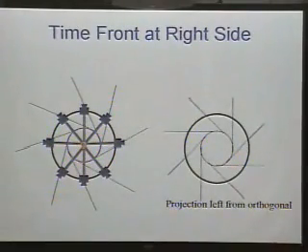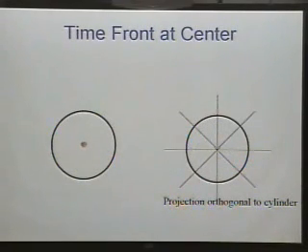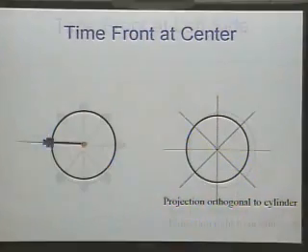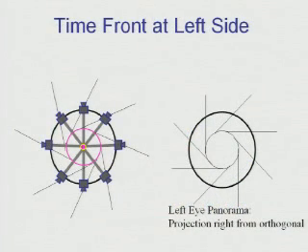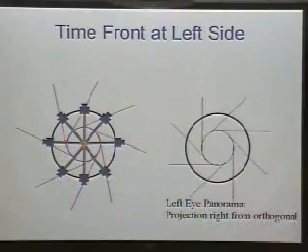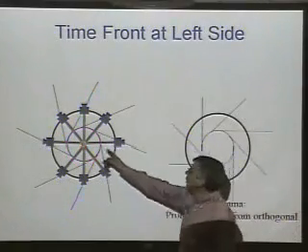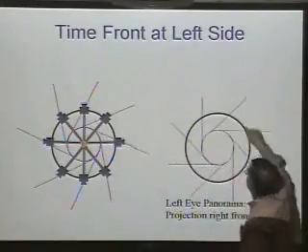Then we move the time front and go to the center. So it basically takes part from the center, and we get rays that all cross the center of rotation. And then we take rays from the left side of the images, and we get this kind of ray.